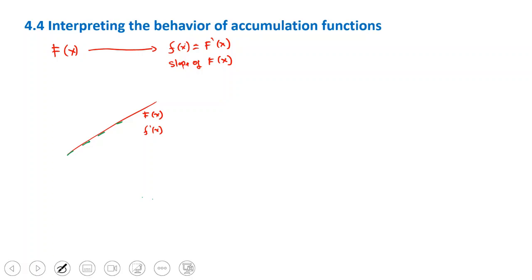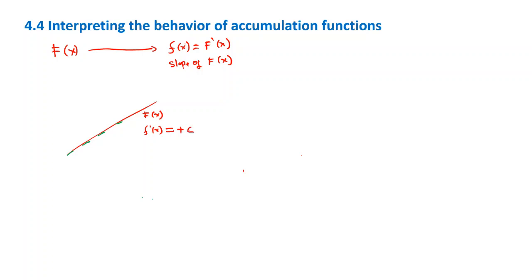Why do we know it's positive? Because it goes up, so f'(x) is a positive constant, for example.